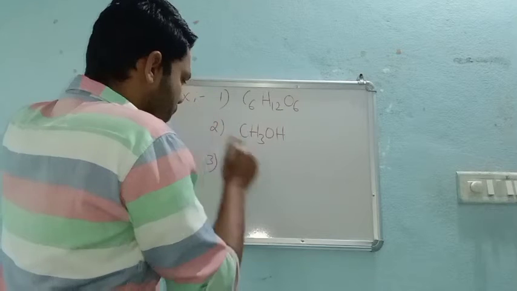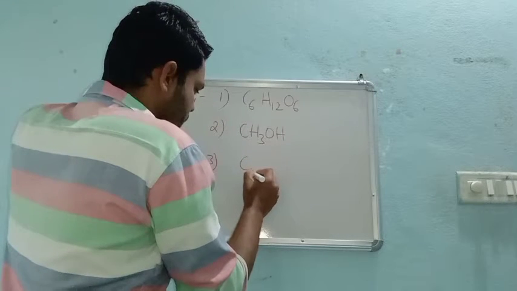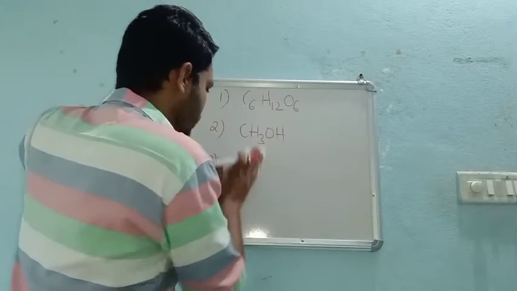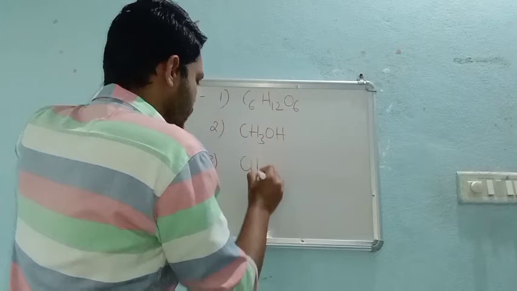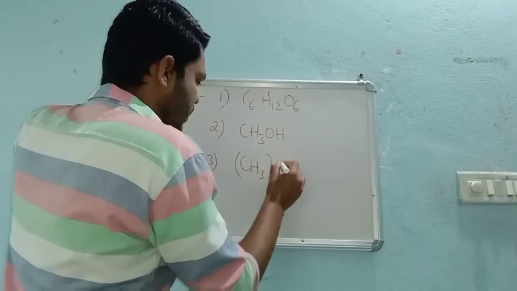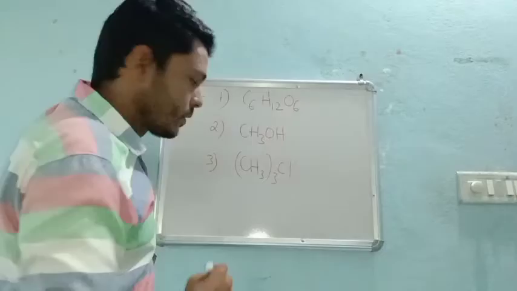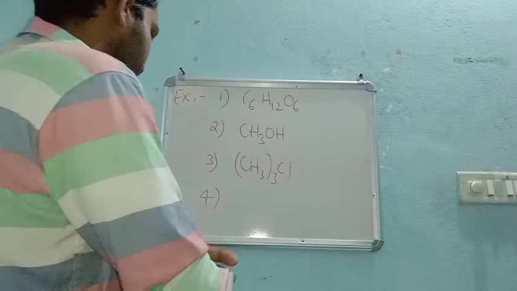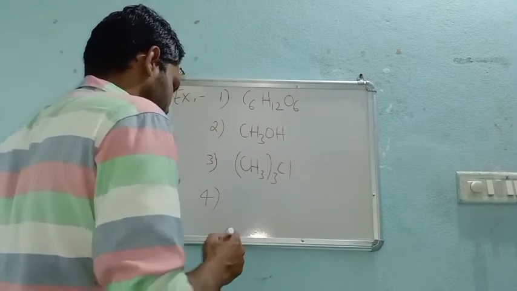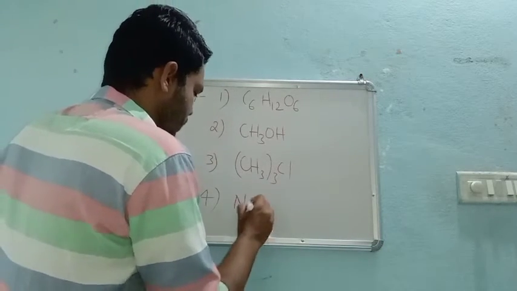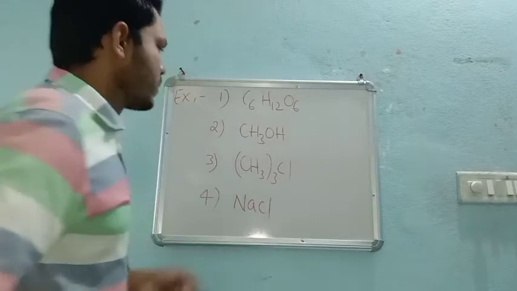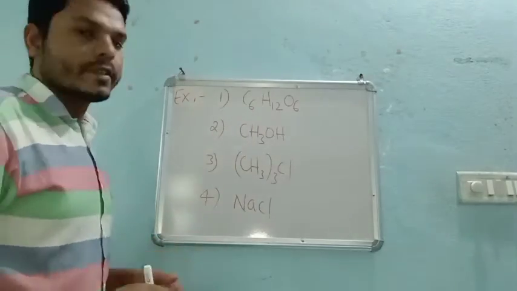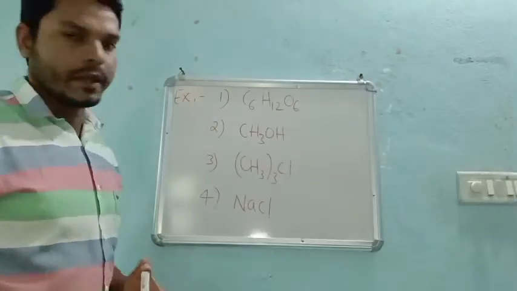Number 3, CH3 thrice Cl, right? And one more, the last one, NaCl, right? So you calculate the molecular mass of these compounds and try to send them to me, right?